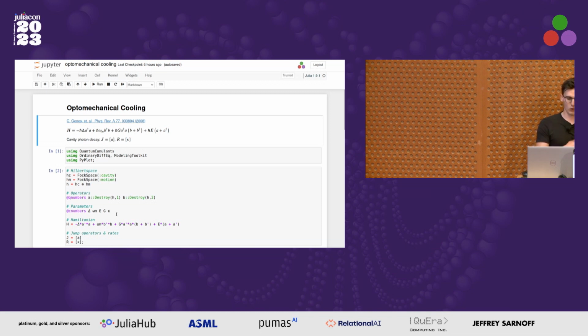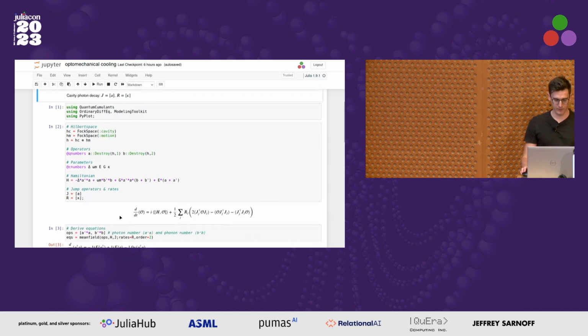After these operators, we can then just define symbolic parameters. And with these operators and symbolic parameters, we can define our Hamiltonian and our dissipative processes according to the description we have above here. So we have just the same Hamiltonian and same jump operators and rates as above.